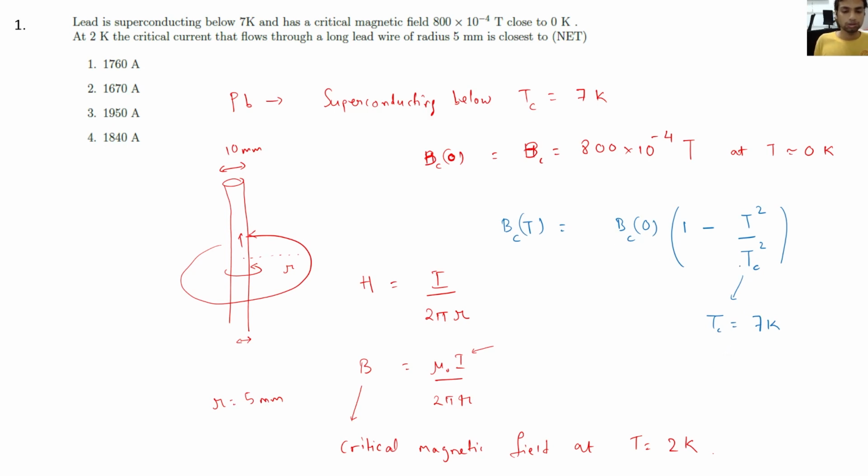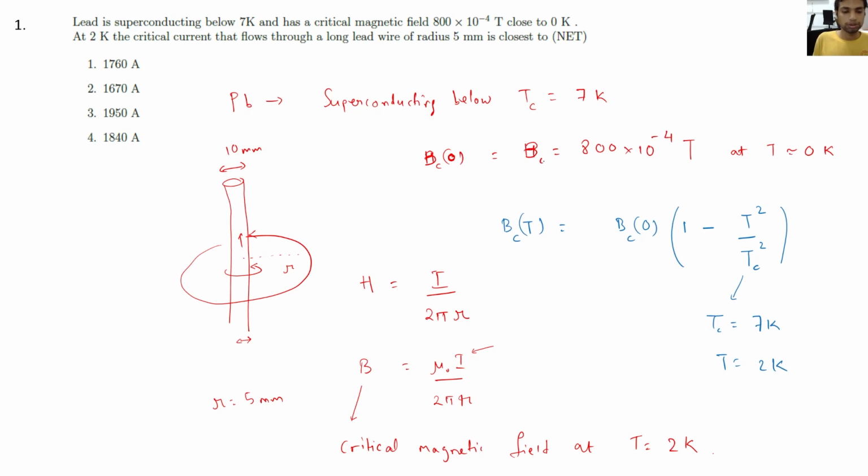Now all we have to do is calculate this value. For T you have to put 2 Kelvin. T is equal to 2 Kelvin.